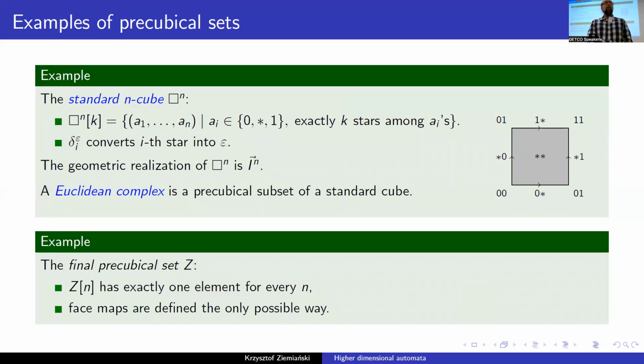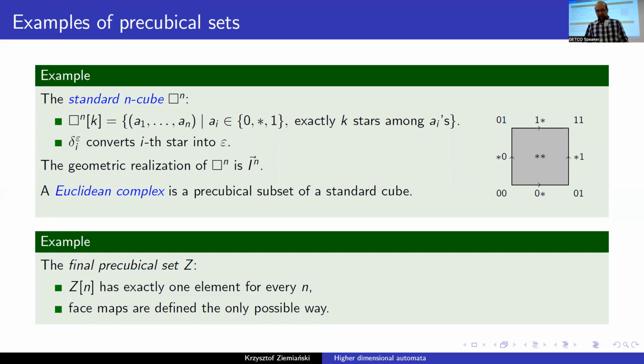One is an obvious one. You can construct a standard n-cube, which is a precubical set defined as here as sequences of zeros, ones, and stars, telling us whether we take the lower face or upper face of the whole interval in the given dimension.